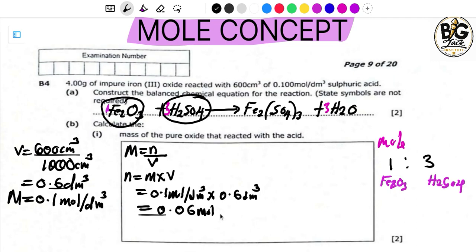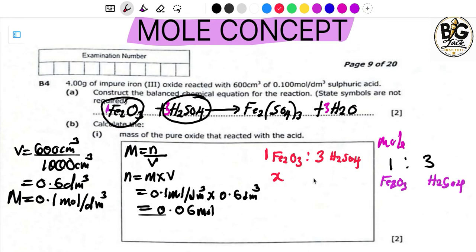So from there we can compare. We're going to say 1 mole of iron(III) oxide reacts with 3 moles of sulfuric acid. Then here we don't know, it is X. Remember, we're calculating the mass of the pure oxide.